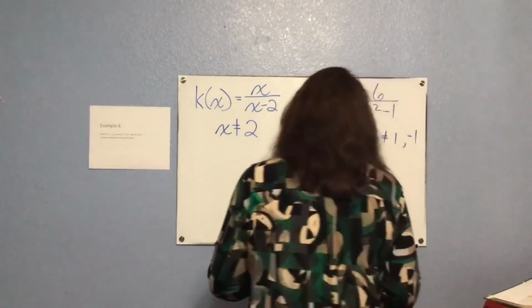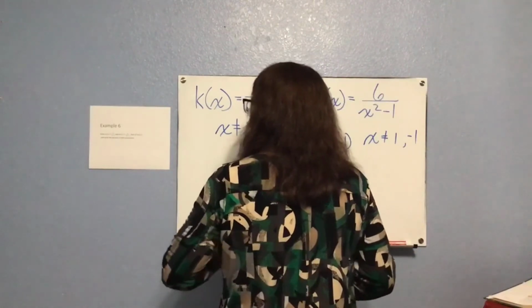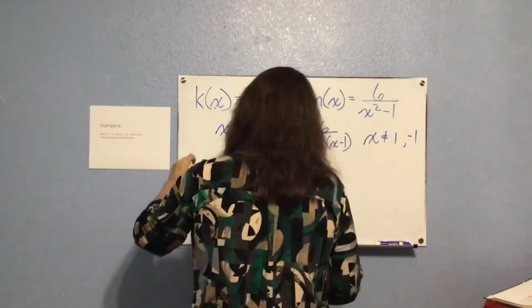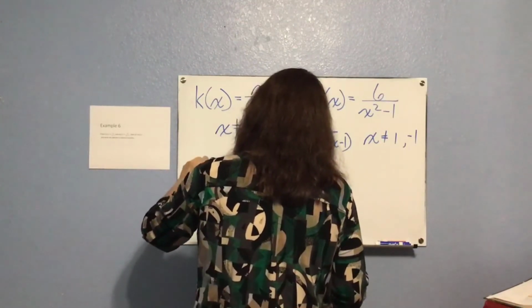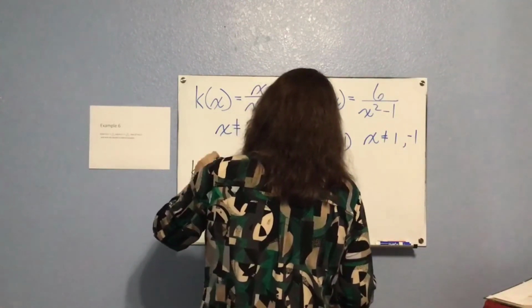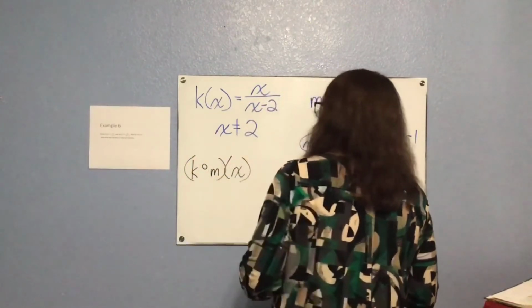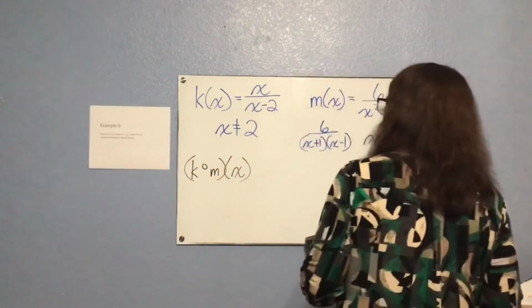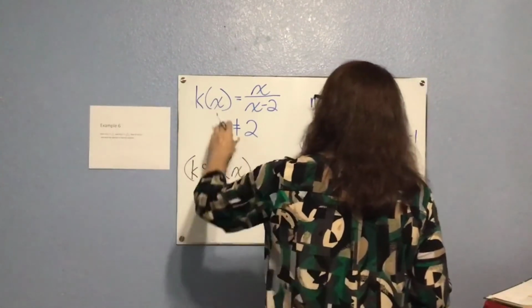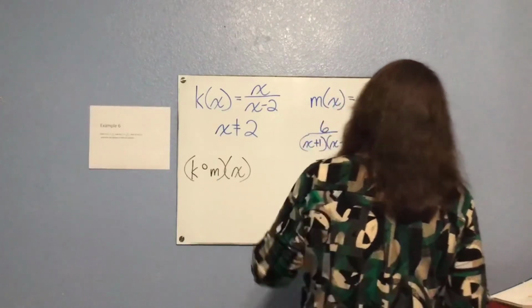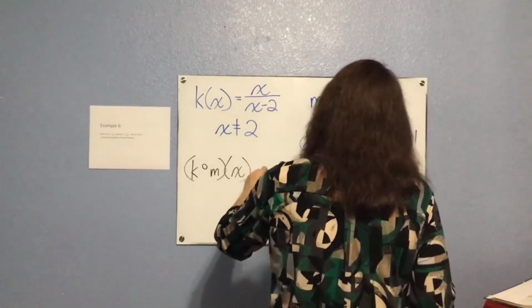Okay, now we're going to find k of m of x. So we're going to start by writing k, and in place of this first x, we're going to write the whole m of x.